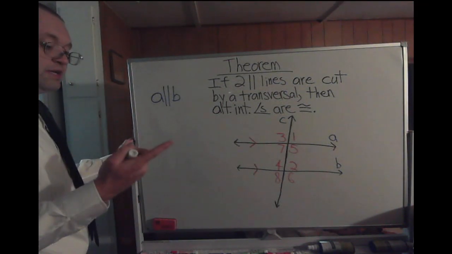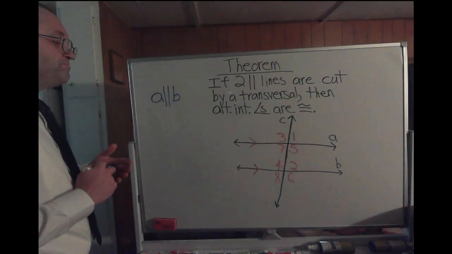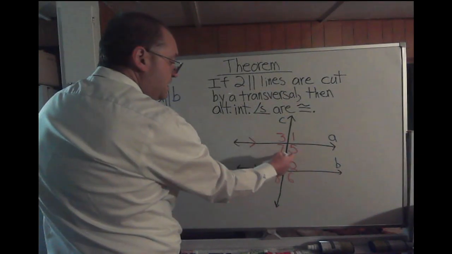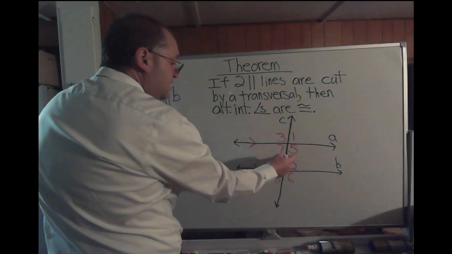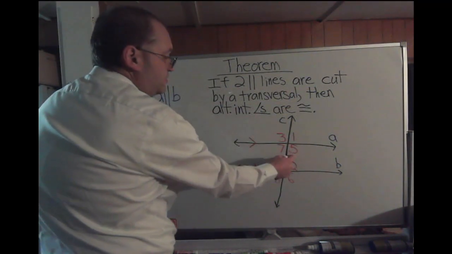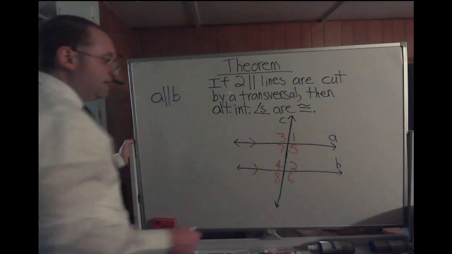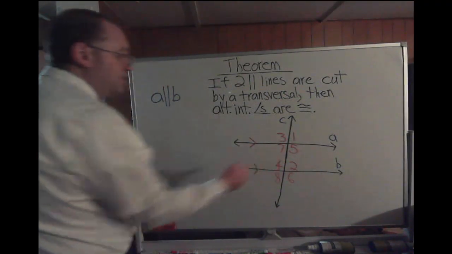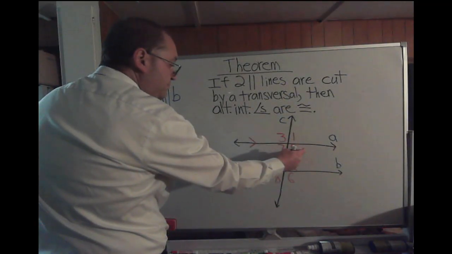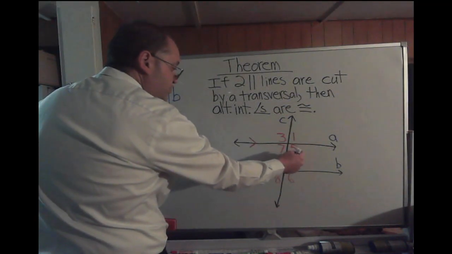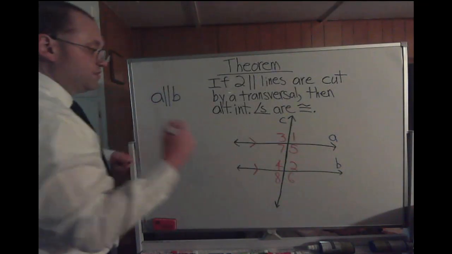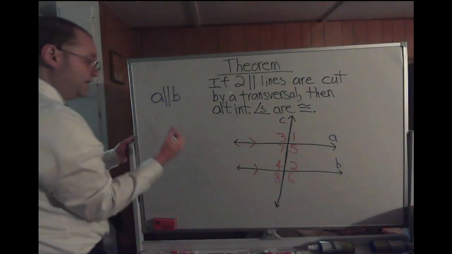So they're on the inside, only they're on the opposing side of the line and up and down from each other. So angle 5 is an alternate angle to angle 4. It's higher up here on the right side of the transversal, and angle 4 is lower down here on the left side of the transversal. Those would be alternate interior angles.